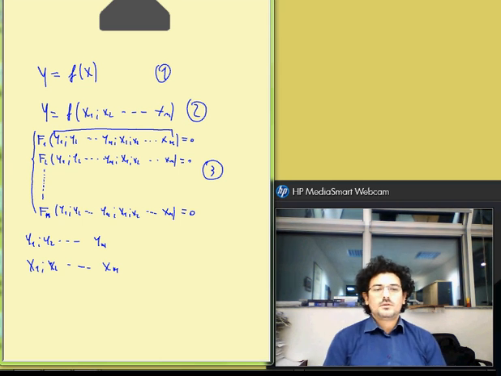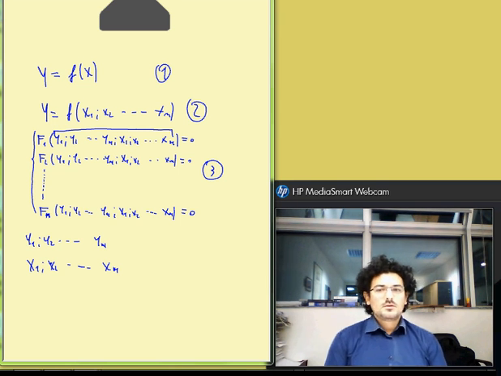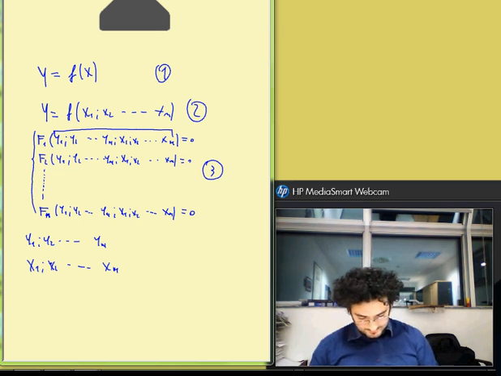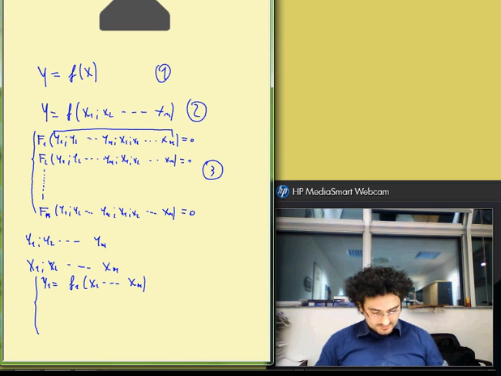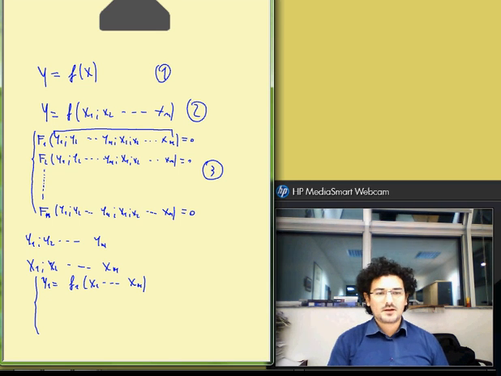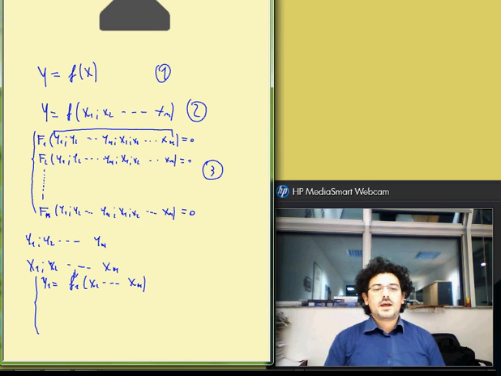How can we solve the model expressed in system 3? We can solve the model if we can write this system in the following way. y1 equals small f1 of x1 until xm. In this case, the first endogenous variable y1 can be expressed as a function of, or depending on, the set of the exogenous variables in the model, from x1 to xm.